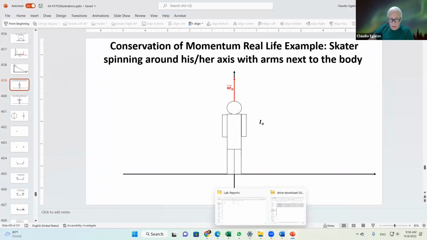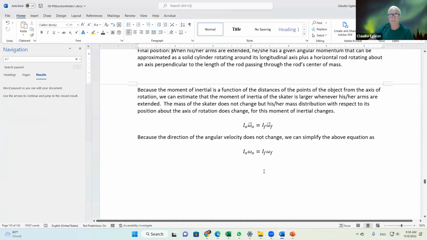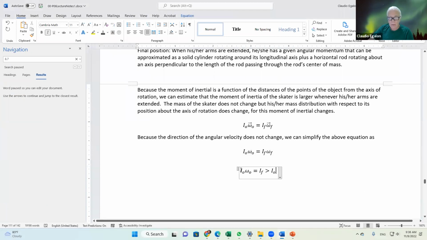Remember, I'm considering initially the arms compressed, right? I f, with the arms extended, is greater than I naught, because the mass distribution is further away from the axis of rotation.